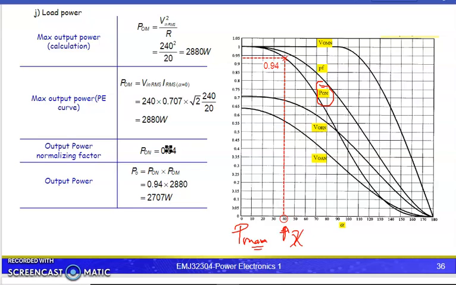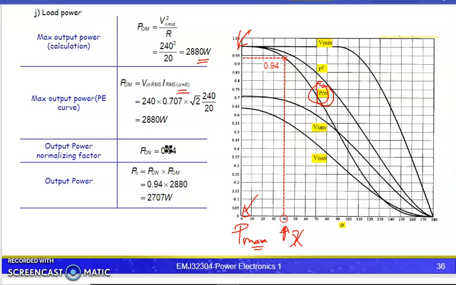P max happens when we trigger at alpha equal to 0. So this is the point of alpha. P max is here, and P output normalized should be right here, 1 per unit. So 1 per unit means V in voltage maximum squared over R, so 2880.